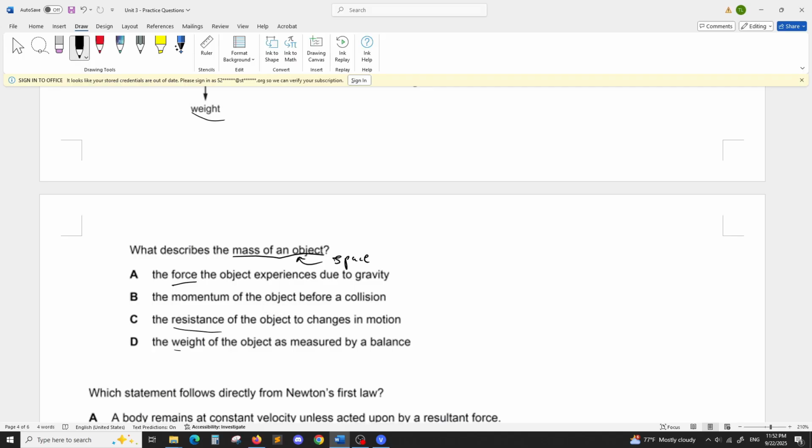Resistance of an object, no. And then weight, no. So we quickly see that our definition is not about space taking up. And if you think about it again, then we think about Newton's second law, I believe.